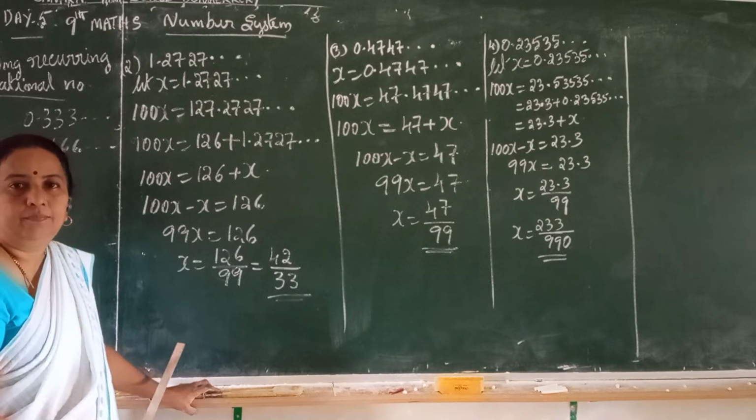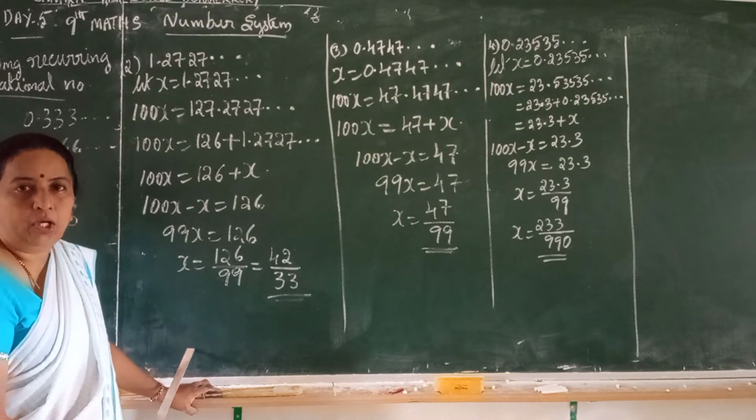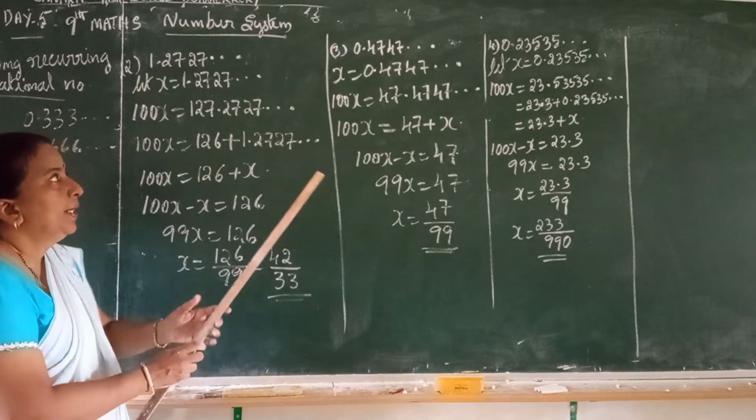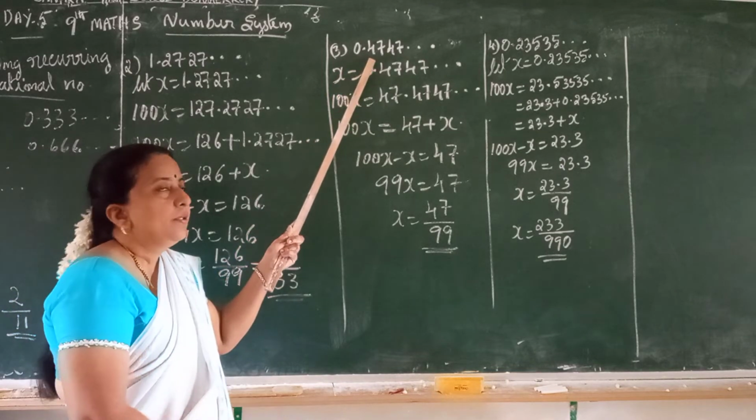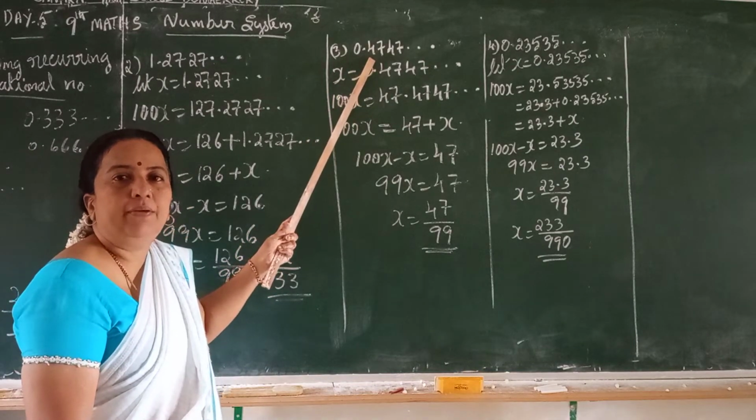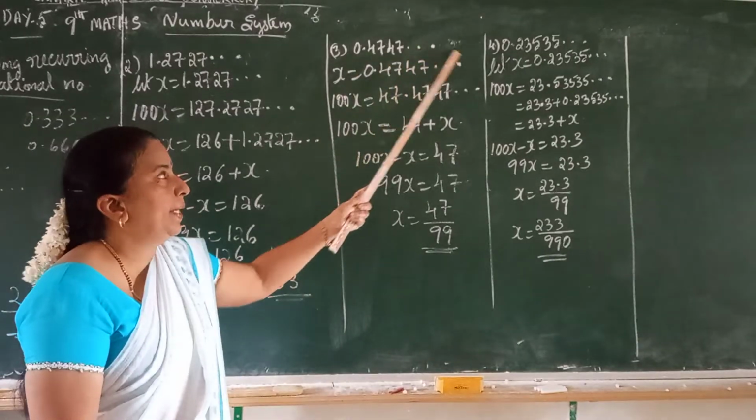Copied everyone? Have you understood? Next question: 0.474747 repeating.